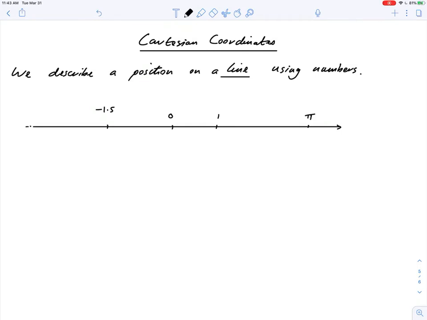Okay, so what I want to do is to think about the plane, right? So that's where all of our geometry has been going on. Can we do something similar? So we can use this, if we're clever enough, to describe positions in a plane.